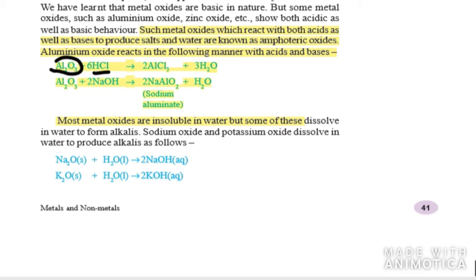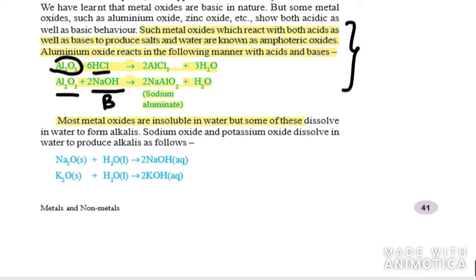In the second one, aluminium oxide, which is an amphoteric oxide, reacts with base and forms sodium aluminate and water. So I hope this is clear. Amphoteric oxides are those oxides which react with both acids as well as bases to produce salts and water.